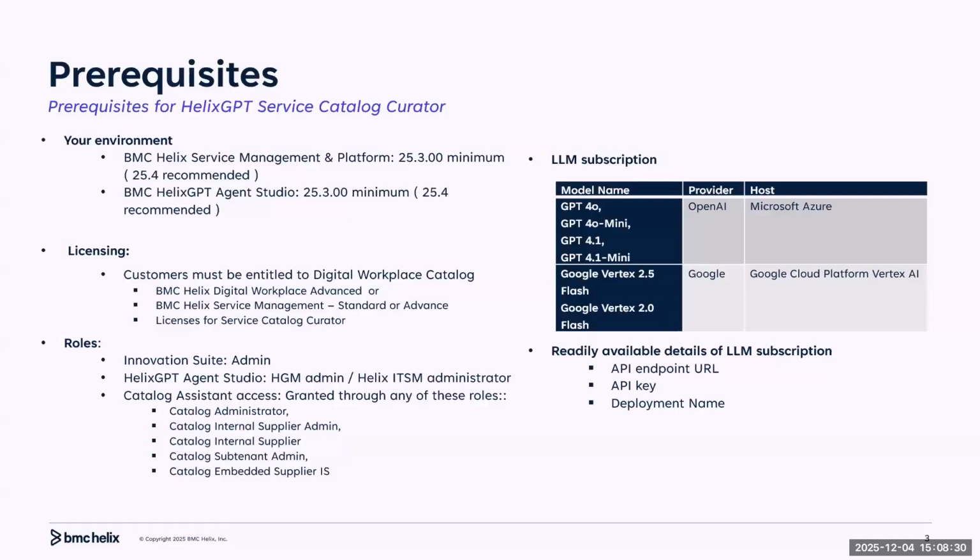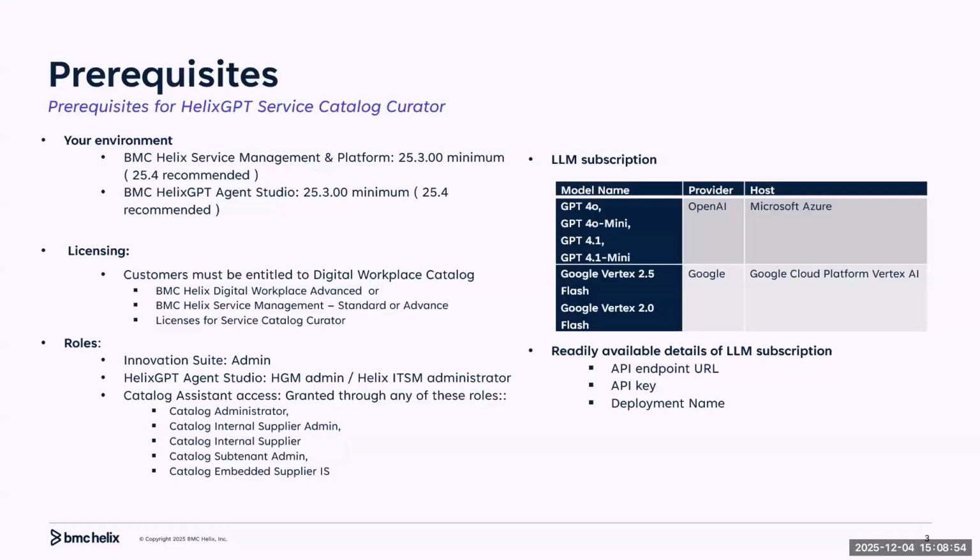If I speak about the LLM subscription, you need to have this subscription with Microsoft Azure GPT 4.0 or 4.1. And if we are speaking about Google Vertex, you need to have an LLM model for Vertex 2.5 Flash or 2.0 Flash.